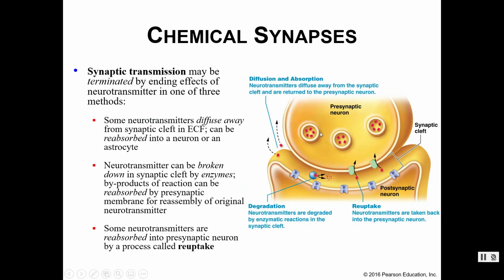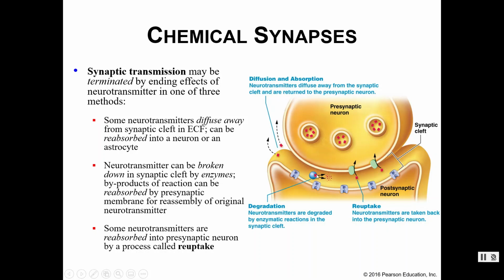As we take the signal from the presynaptic to the postsynaptic neuron, eventually we are going to want to stop this signal. And we have all this neurotransmitter floating around. Could be acetylcholine, could be lots of things. I don't want to give you too many names and confuse you.